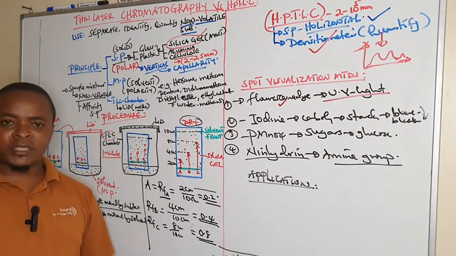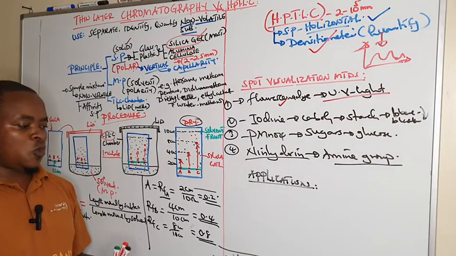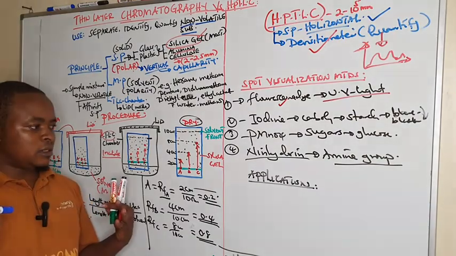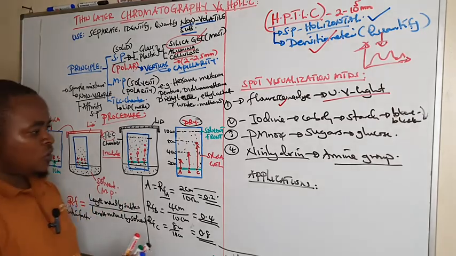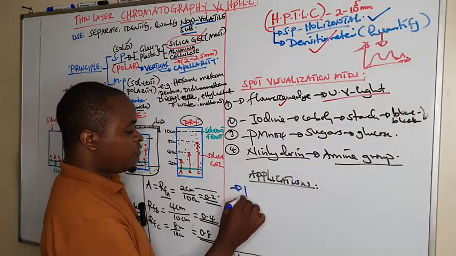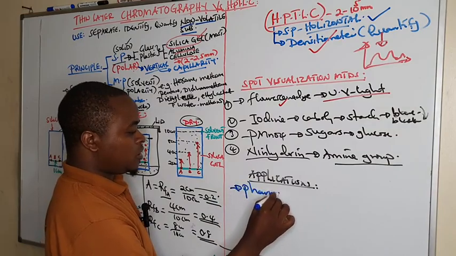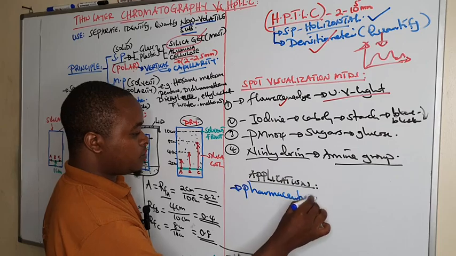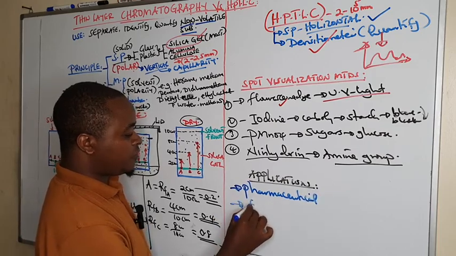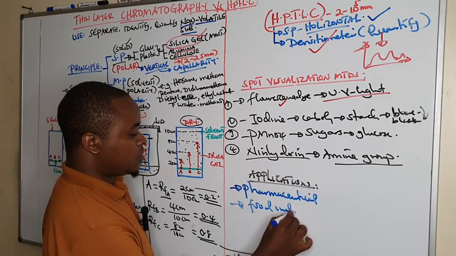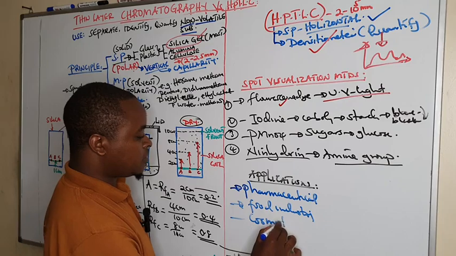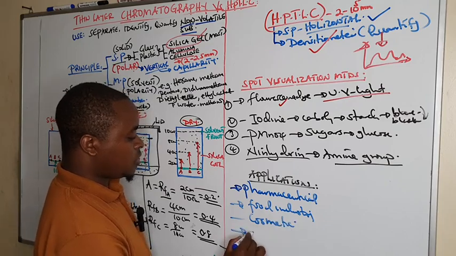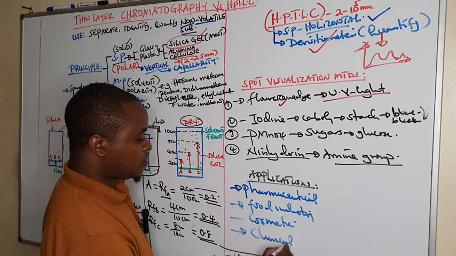Lastly is application. Where can this thin layer chromatography be applied? It is applied in pharmaceutical industries, in the food industry, in cosmetic industries, and also in clinical labs.